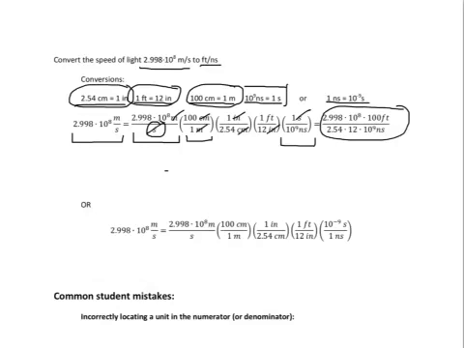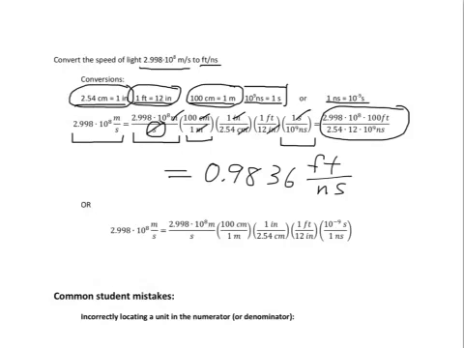You should try this on your calculator to make sure that you properly know how to do scientific notation. The answer you should get is 0.9836 feet per nanosecond. You should make sure that you get that same answer in your calculator.